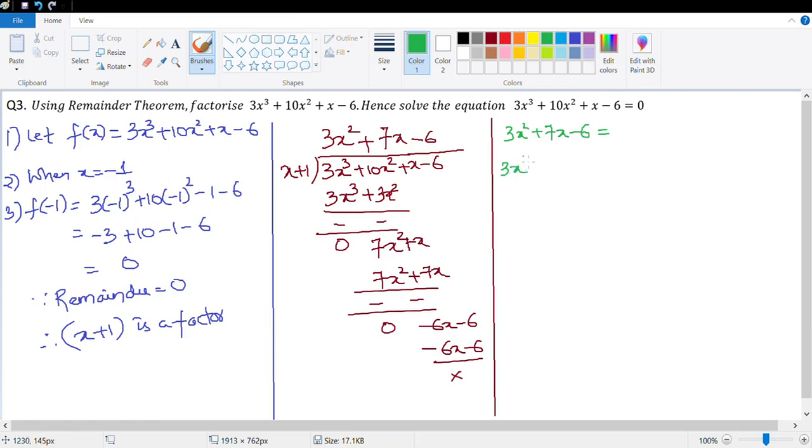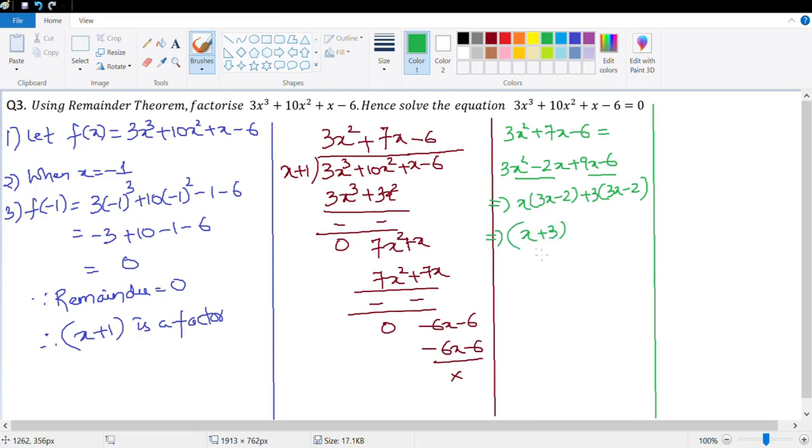So 3x squared minus 2x plus 9x minus 6. Okay, let's group this together. What we have is x times 3x minus 2 plus 3 times 3x minus 2, which means x plus 3 multiplied with 3x minus 2.